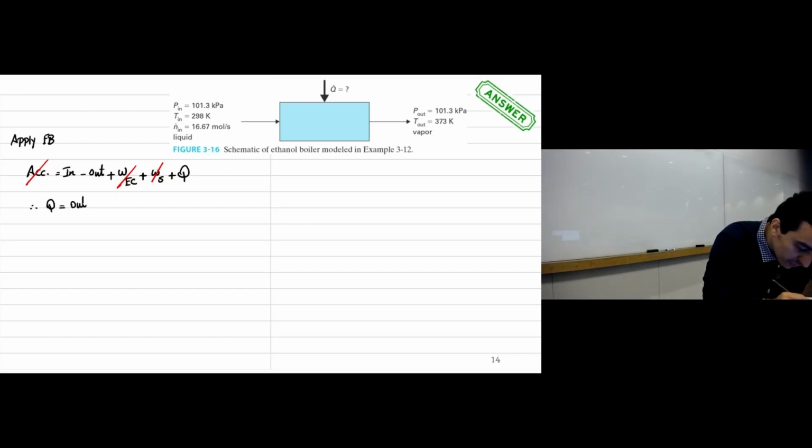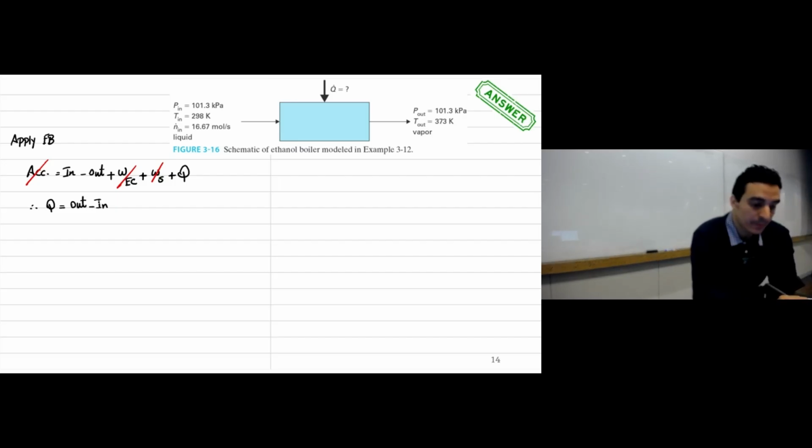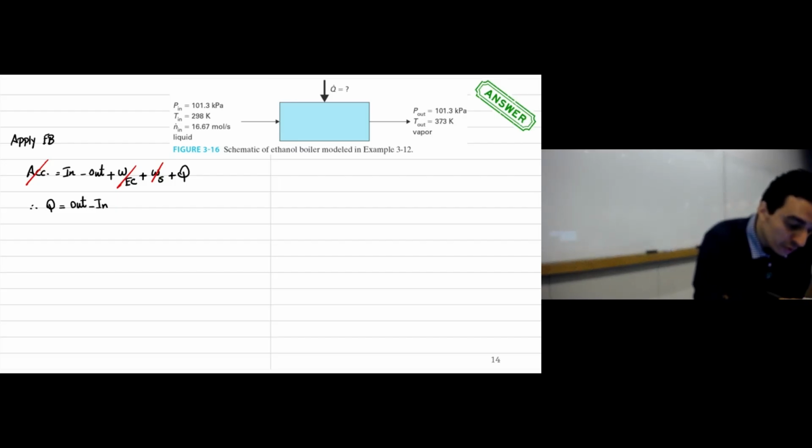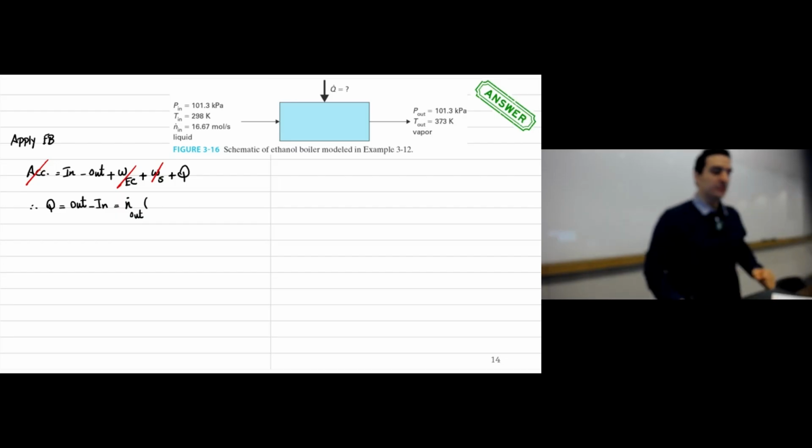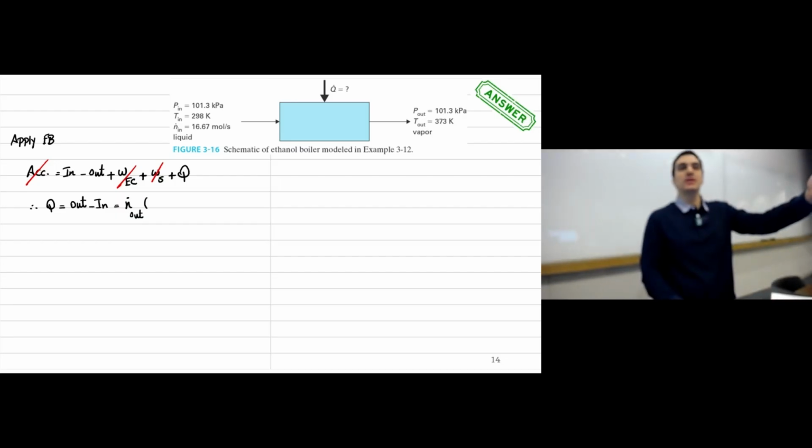This will be whatever we have in the out minus whatever we have in the inlet. And again, we have the molar flow rate, which is given. So this will be N dot out times, for the first term, will we use enthalpy or internal energy? Is this system open or closed? It is open, we have an inlet and an outlet. So we're going to use enthalpy.